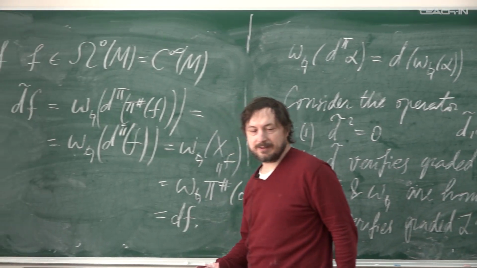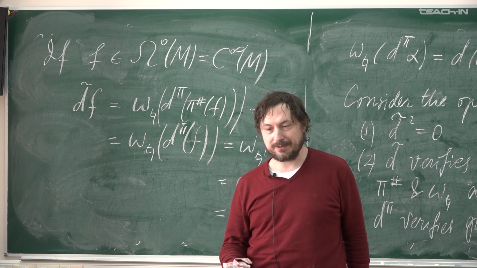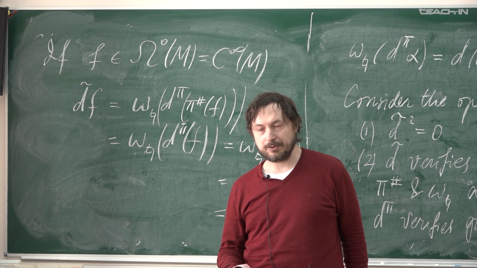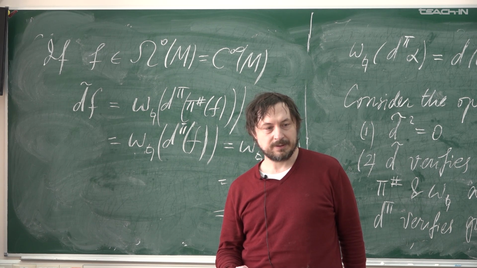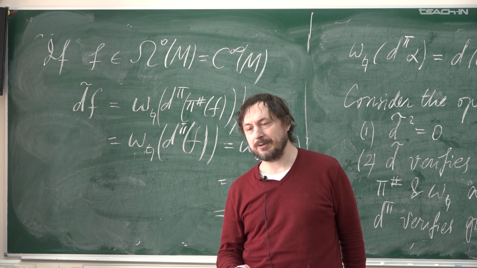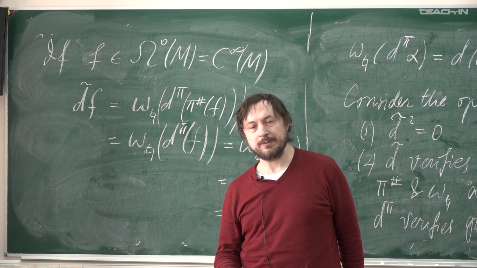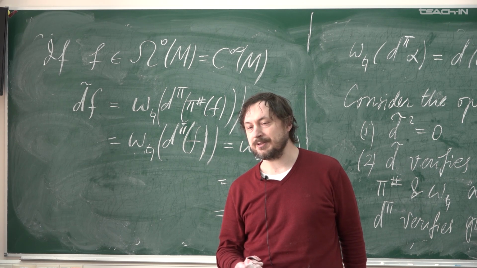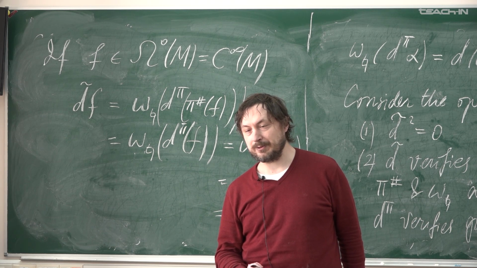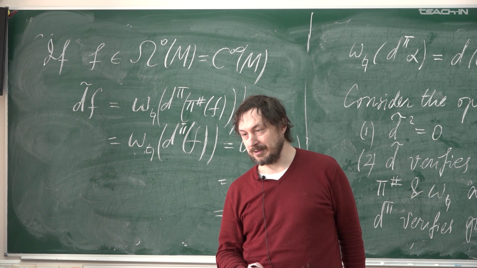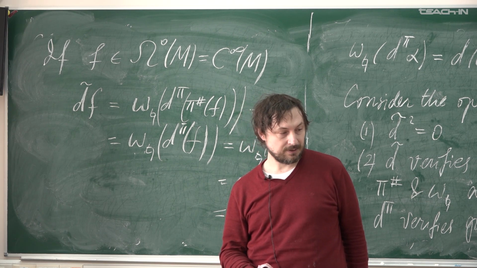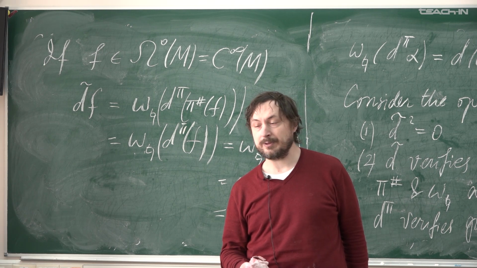However, in case of a genuine Poisson manifold, genuine Poisson structure, Lichnerowicz-Poisson cohomology is quite complicated stuff. In your homework, you can see one problem which is marked with a star, with asterisk, where you are asked to compute Lichnerowicz-Poisson cohomology on R2 for some very simple Poisson structure on the plane.